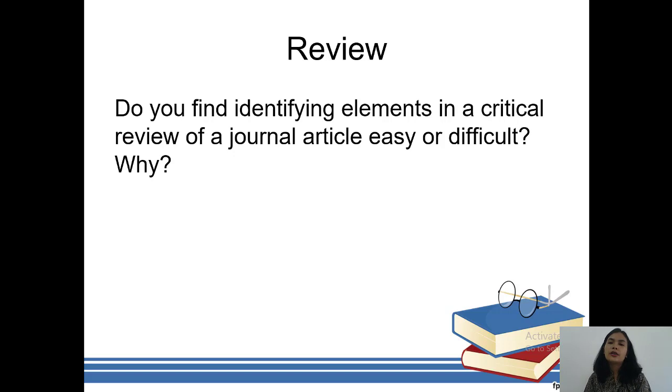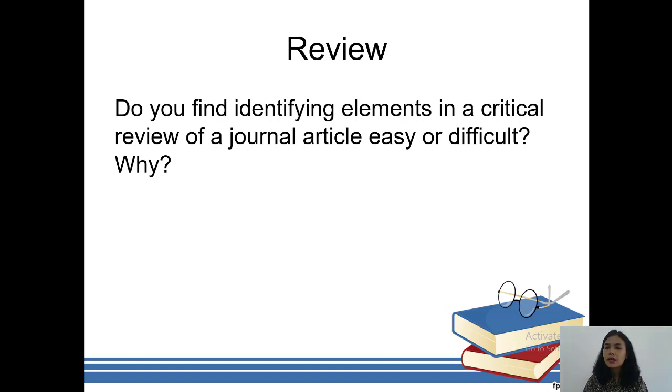There's a question here because we were talking about the critical review and how to write a critical review in last week's material, and we were also talking about identifying the elements, the content in a critical review. My next question is, how did you find identifying these elements in a critical review of a journal article?